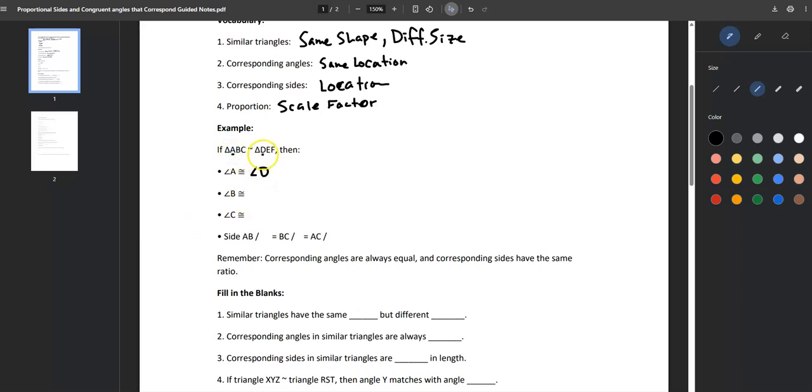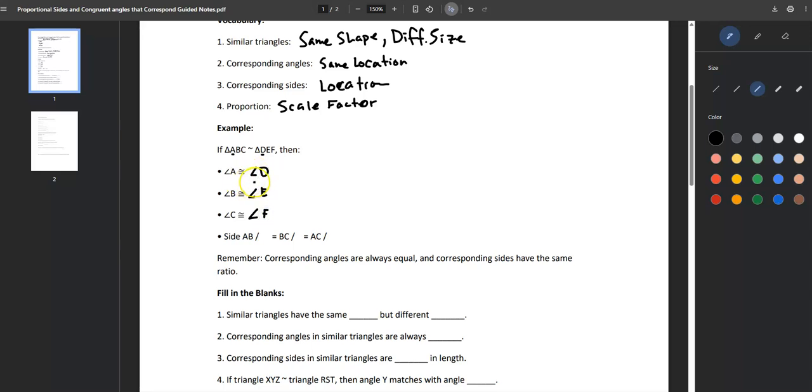First spot, first spot. Those two angles correspond to each other. Angle B would be congruent to angle E, meaning it's equal to E, and angle C would be congruent to angle F.